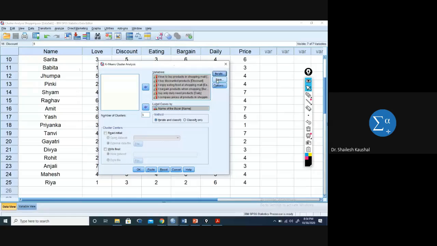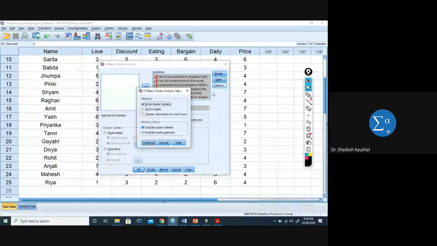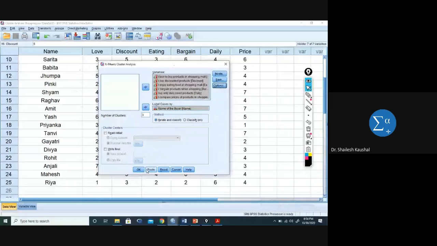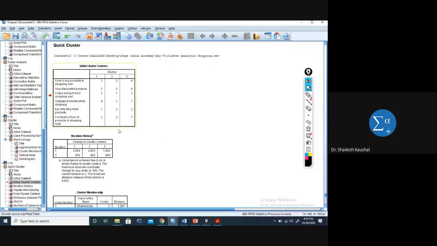And then save: we will save cluster membership and distance from cluster center, and then continue. After this, in options, we need the ANOVA table and cluster information of each, and then continue. Okay, so this is my output.